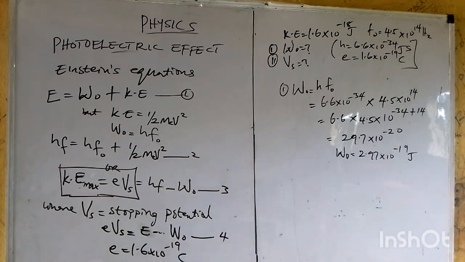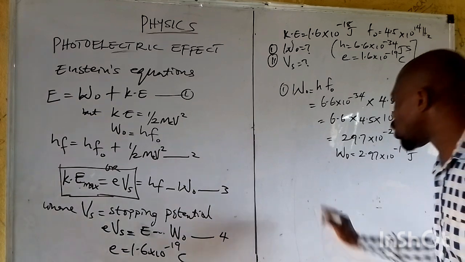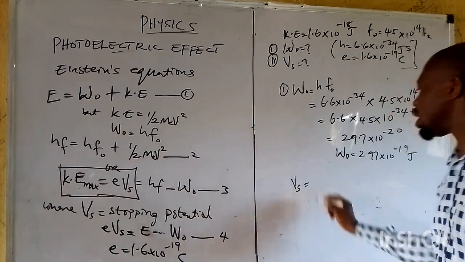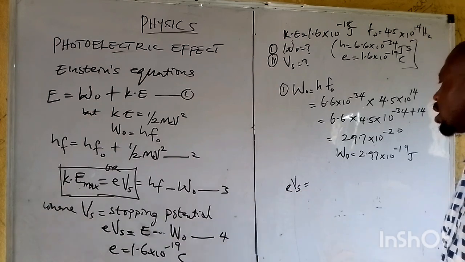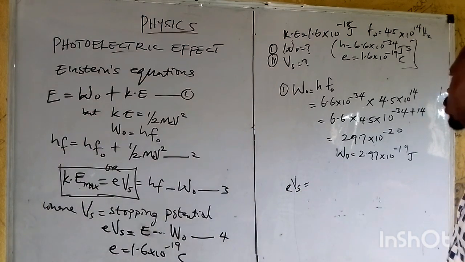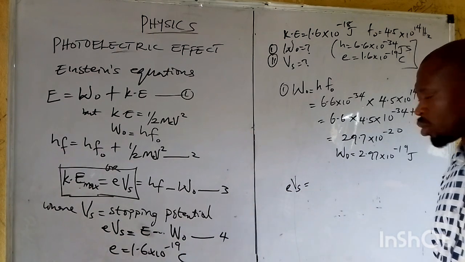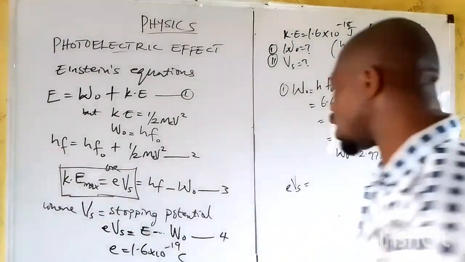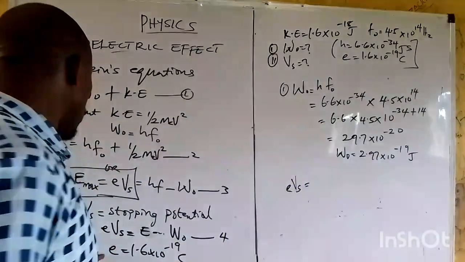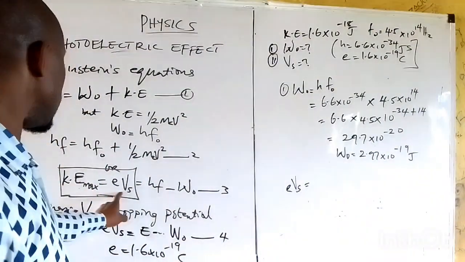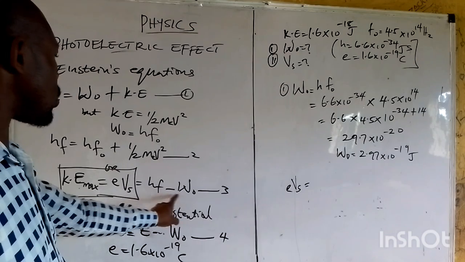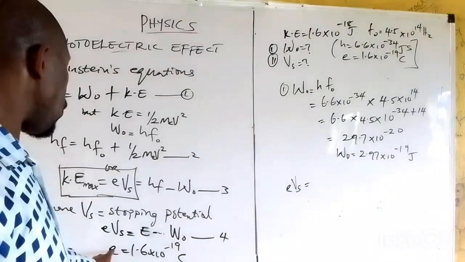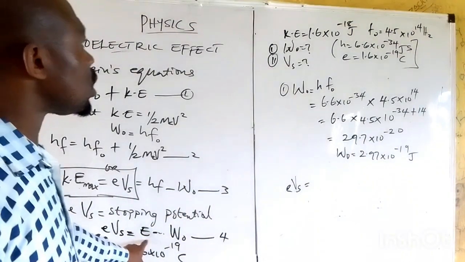Now for the stopping potential, how do we solve for the stopping potential? The stopping potential Vs, eVs is equal to work function minus, of course, from these formulas we have there, this minus this, and then we have energy.